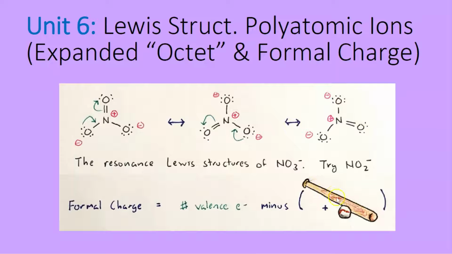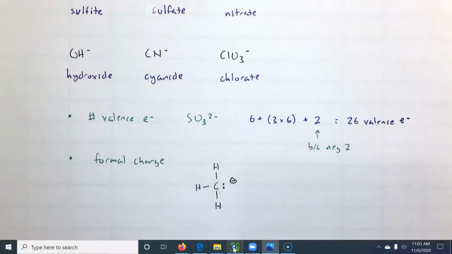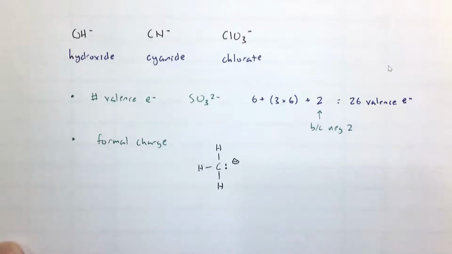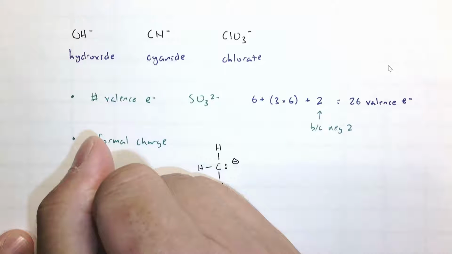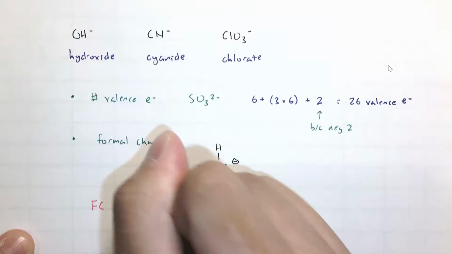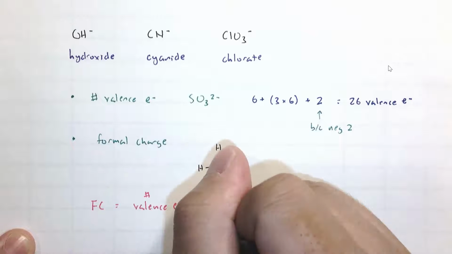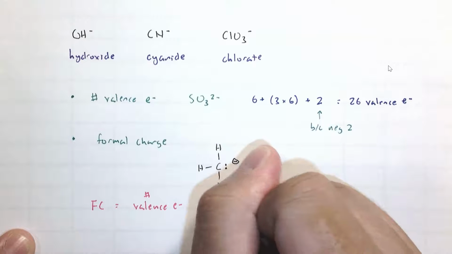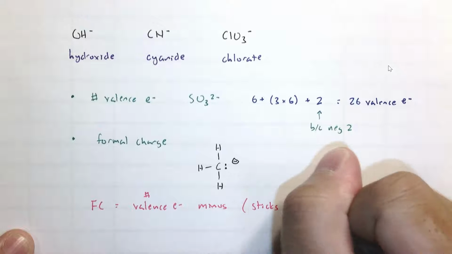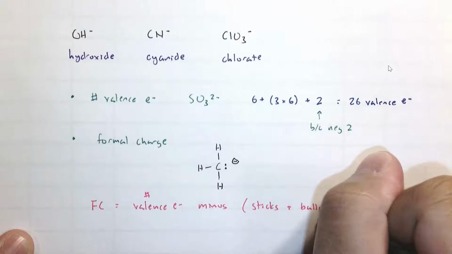A double bond would be 2 sticks. Valence minus sticks plus balls. Let me write that down so we have it at our disposal. Formal charge, FC, equals valence, the number of valence electrons, minus, parentheses, sticks plus balls.